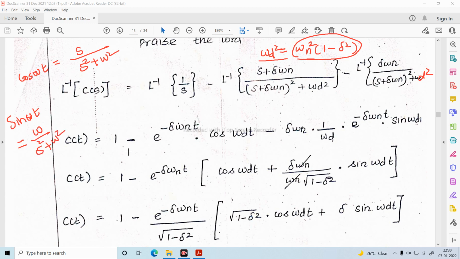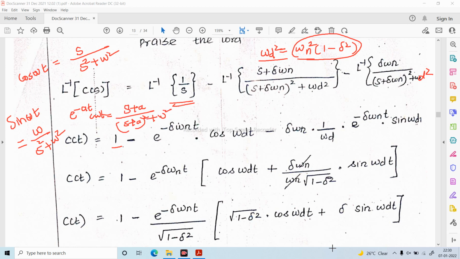In a similar manner, the Laplace transformation of 1 by s is 1. For example, e power minus at into cos omega t, how can we represent this? First write s plus a divided by s plus a the whole square plus omega square. We can write like this.